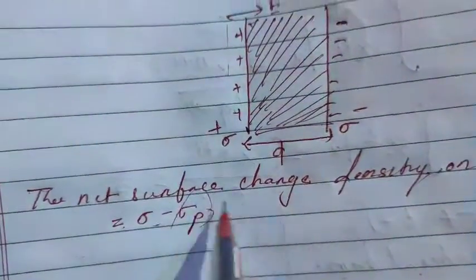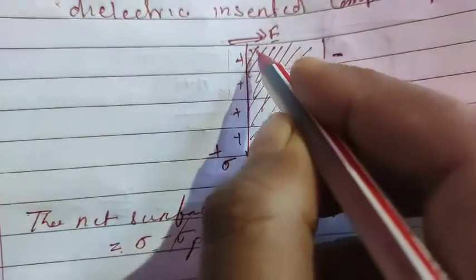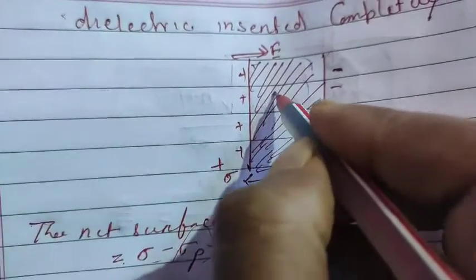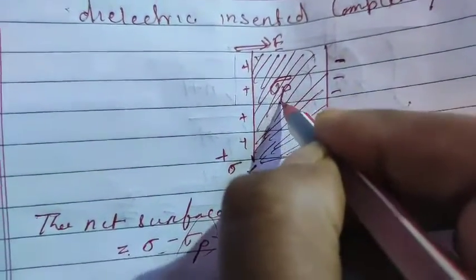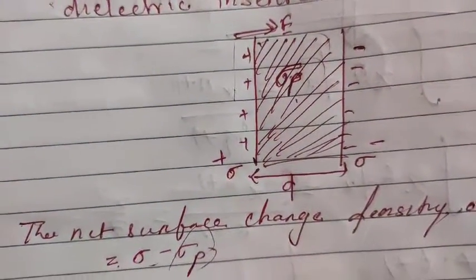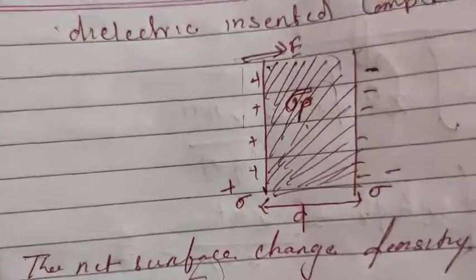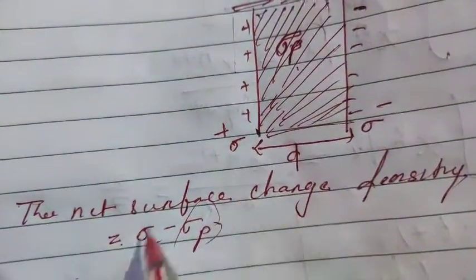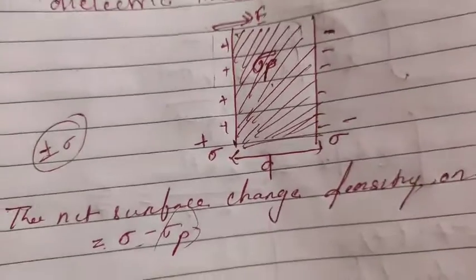Now you will ask, what is sigma p? Sigma p is that, students, when we apply the electric field in a capacitor and there is a presence of dielectric, there is an induced charge density, that is sigma p, which we can also say is the charge density due to the polarization. Okay, so that we can take as sigma minus sigma p. And the sigma you can take, that is plus and minus sigma, means the total charge density of a capacitor.